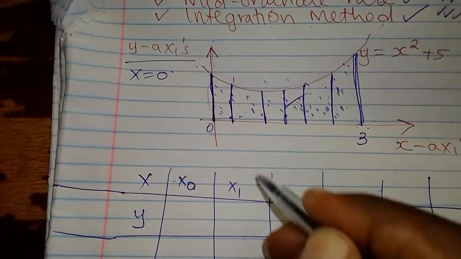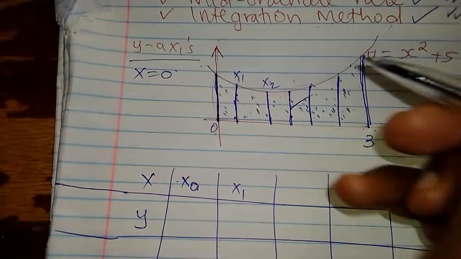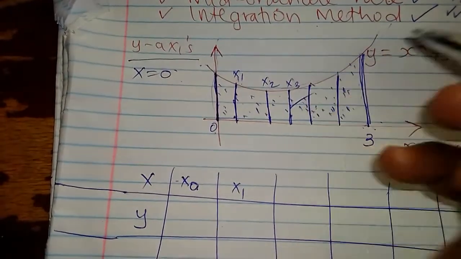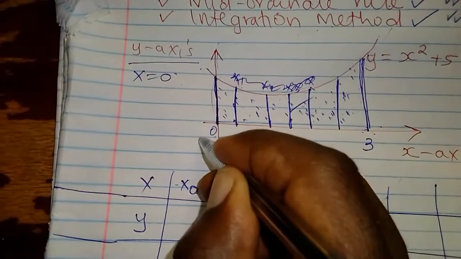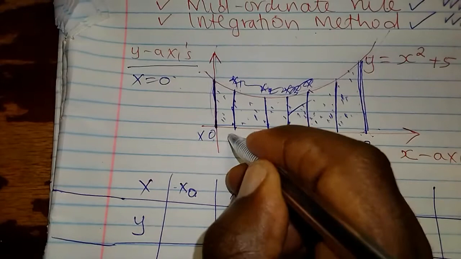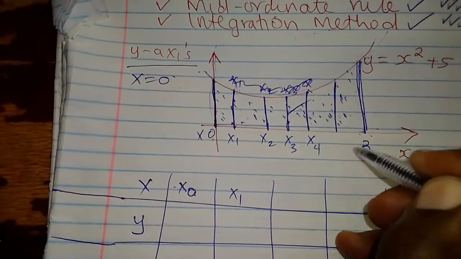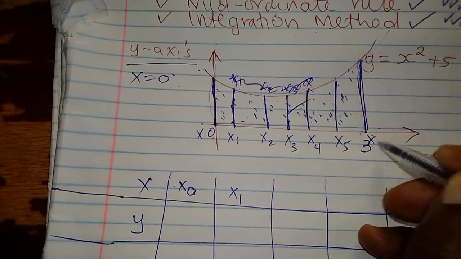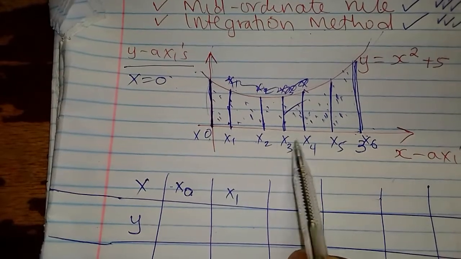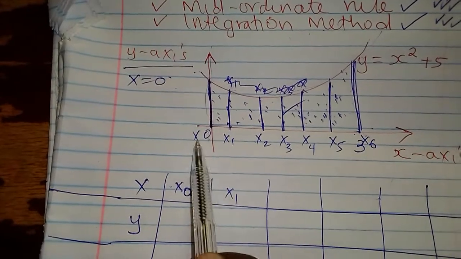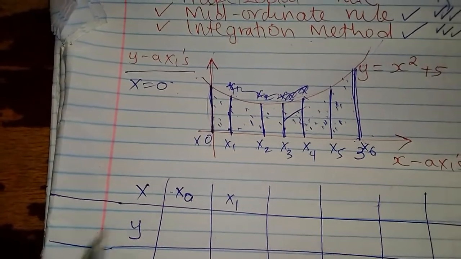Then we have what we call x1. Good. We have x2, x3, x4. Let me just put them here. So we have x0, x1, x2, x3, x4, x5, and x6. So x0, x1, x2, x3, x4, x5, x6.